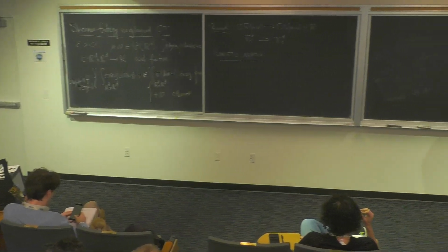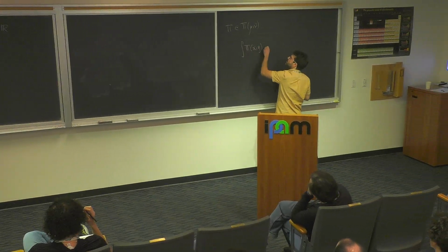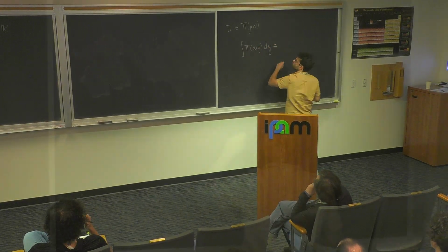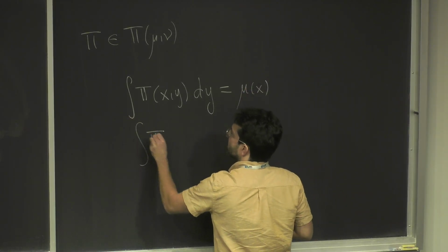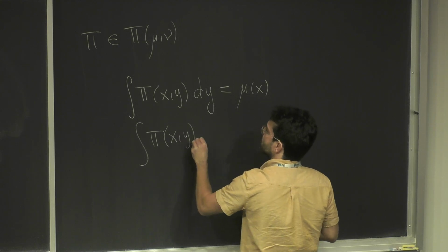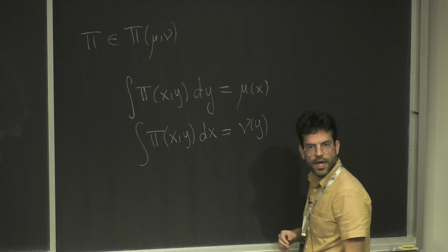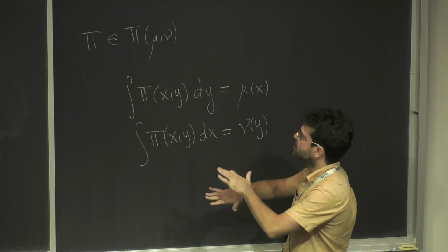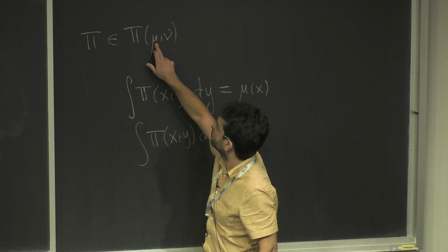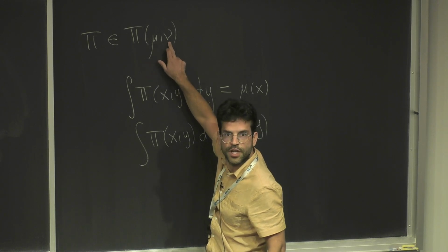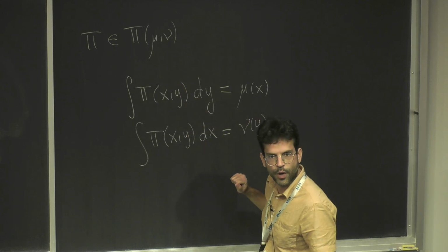What I'm saying is that the integral of pi of x and y dy should be mu of x, and the integral of pi of x and y dx should be equal to d nu. In the measure theoretic sense, the projection on the first coordinate should be equal to mu, and the projection on the second coordinate should be equal to nu.